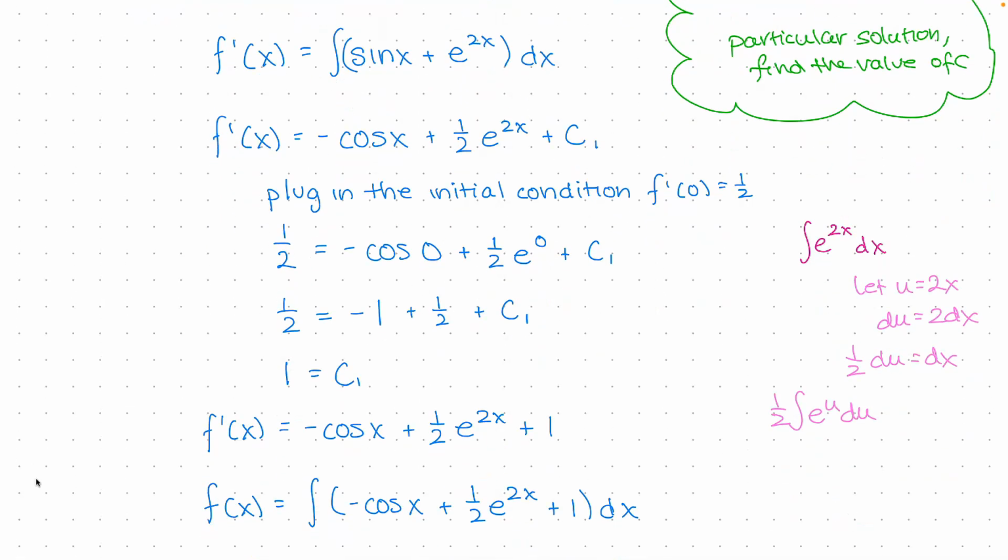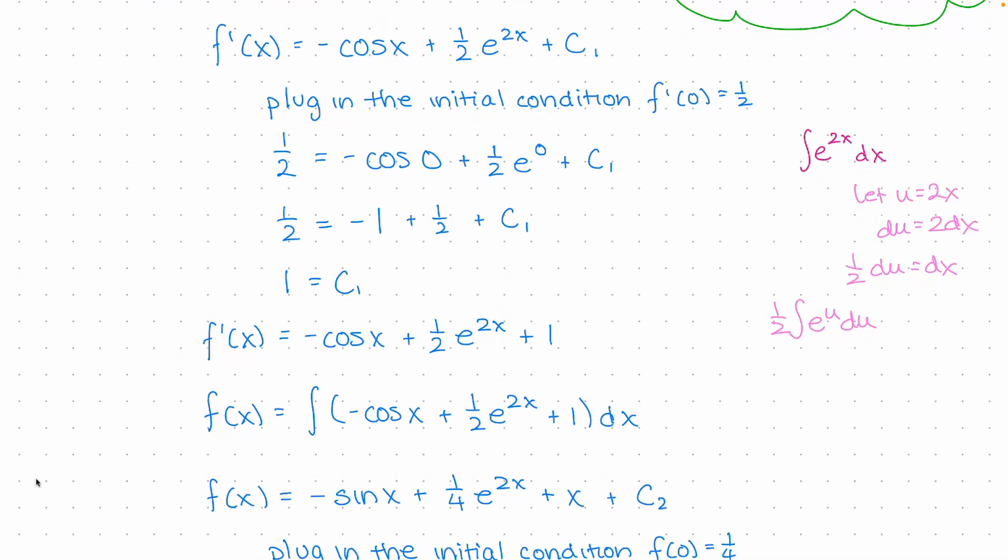All right. So then I just, like I said, integrate again. And I get this. And remember, when I integrate this term right here, this guy right there, I'm going to have another 1/2. So that's why this turned into a 1/4. But now I have another c.